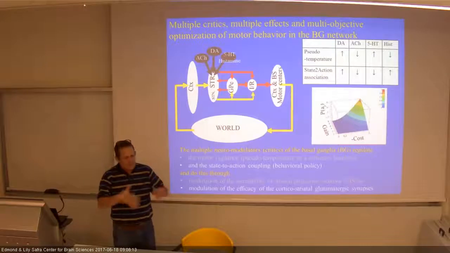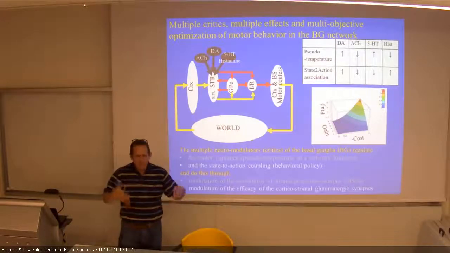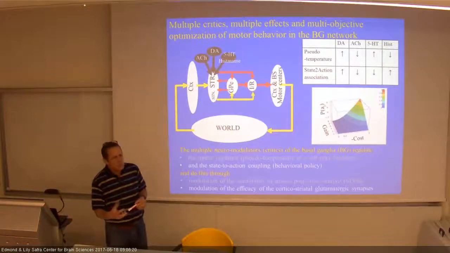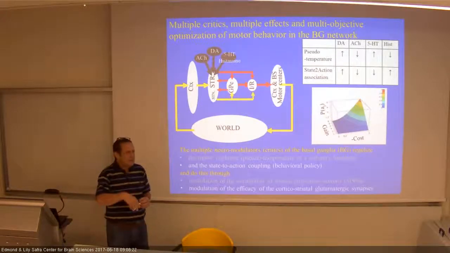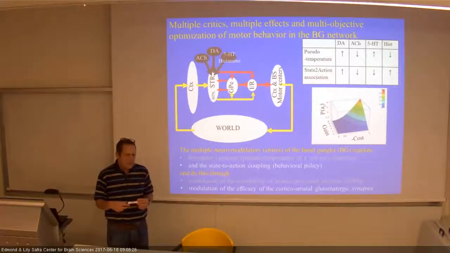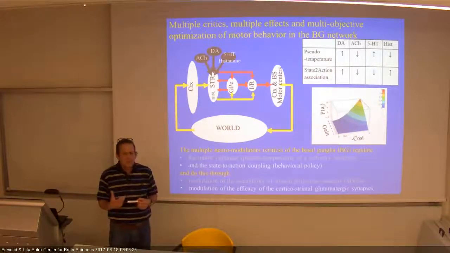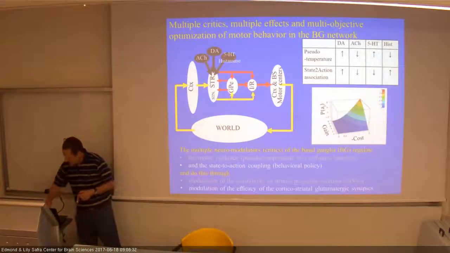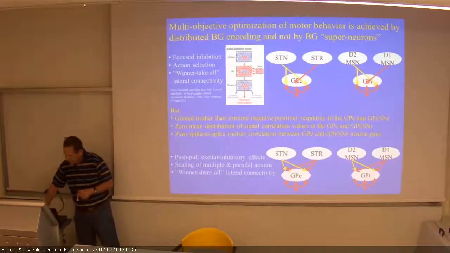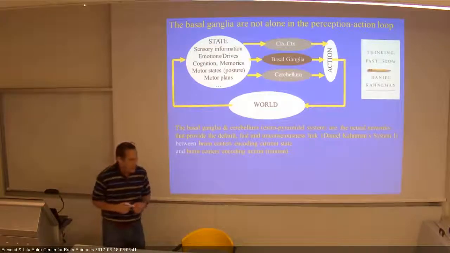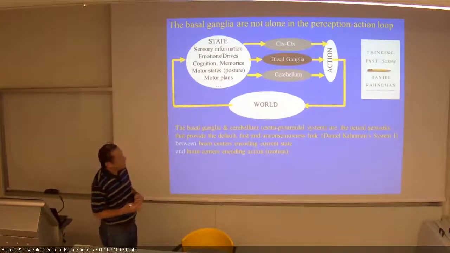And the model is trying to incorporate most of the known facts about the basal ganglia, and actually also to provide, let's say, a concrete way to test it. But this is just to tell you where we are located. I will skip this to save time, and I will move forward.